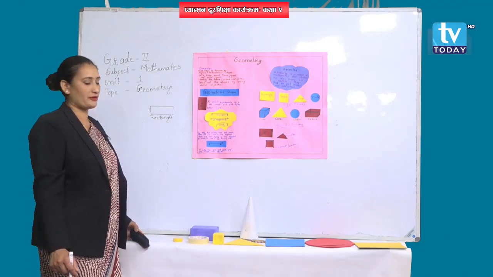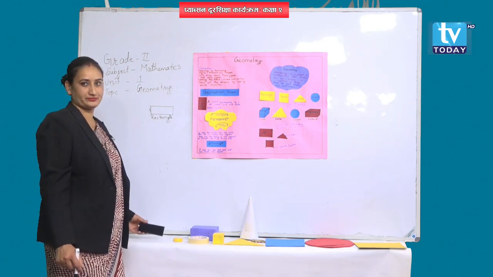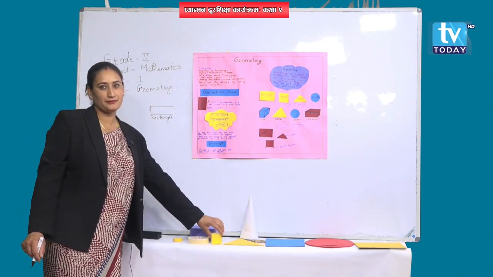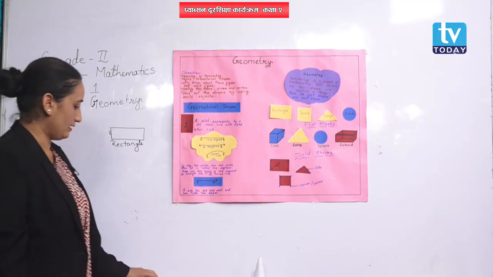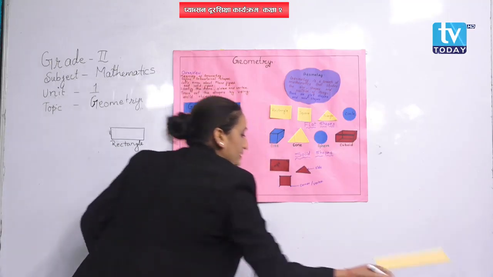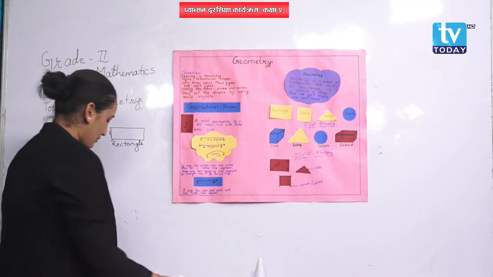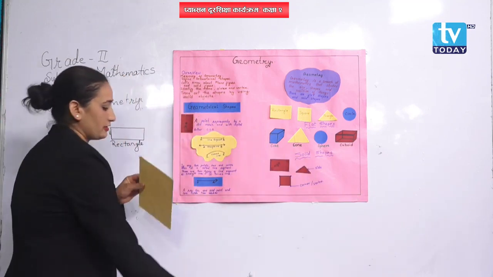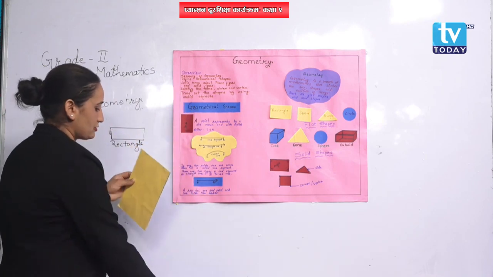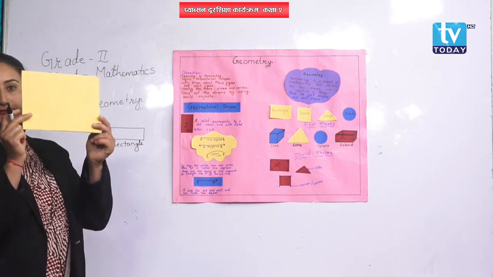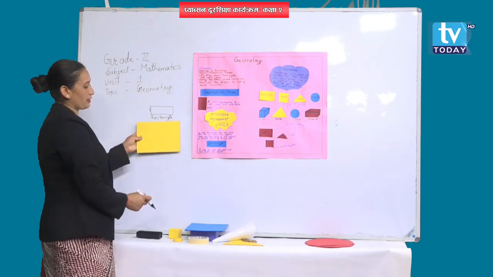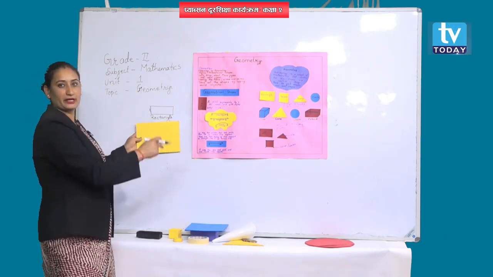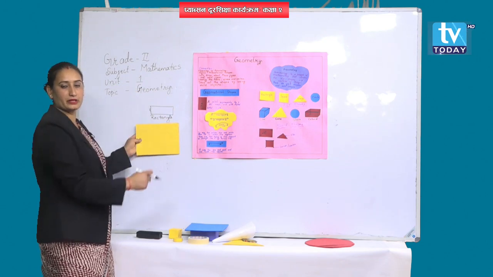Okay, now it's time for a square. I have some objects in my hand. I have a bit big square, or if you want to make a rectangle, you can make it from your paper also. You can sketch it out with your paper. It will be a bigger rectangle.